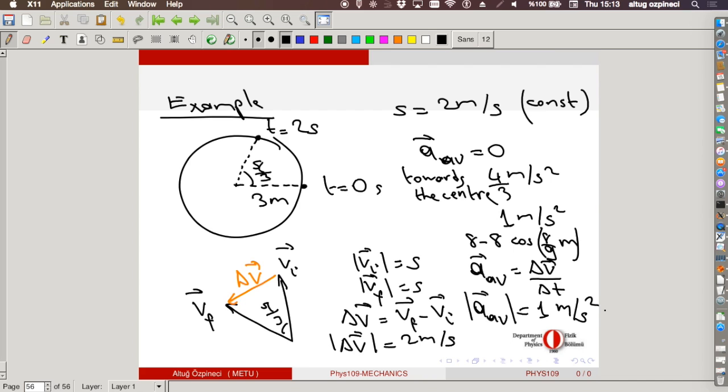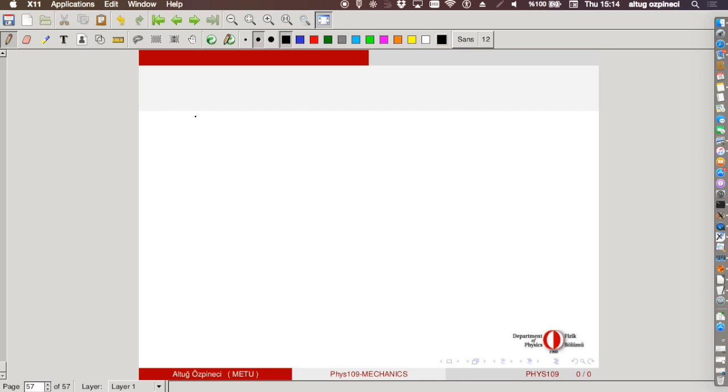Well, let's look at the angle. Let me erase this. This is not pi over 3. This is now, let's say, theta. Now, what is theta? What is the distance it has covered? S times delta t, which is 2 meters per second times 2 seconds, which is 4 meters, divided by the radius, 2 meters.